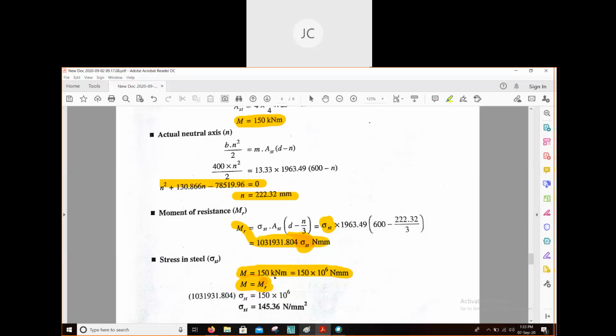It is given in kilonewton meter, so we will convert it to Newton millimeter by multiplying by 10 to the power 6. If we equate these two equations, we will get the value of sigma st, which comes to 145.36 Newton per millimeter square.